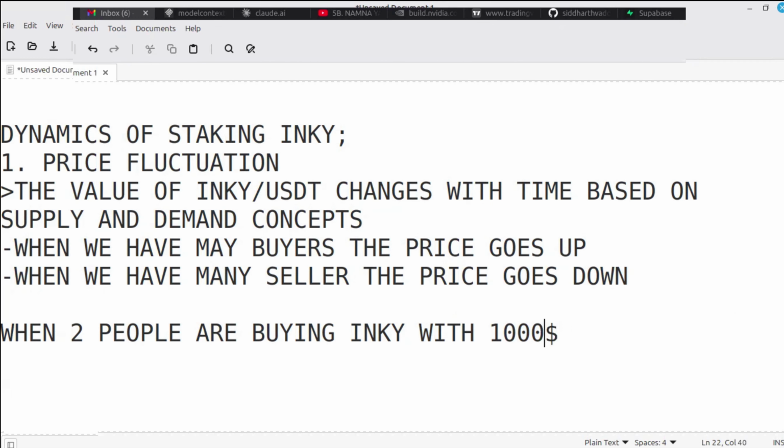Then, for example, Charity is buying ink. Ink is at 1.44, let's say, okay? That's the price of ink per USDT. Then the amount of ink I'm going to get, how much is it going to be?